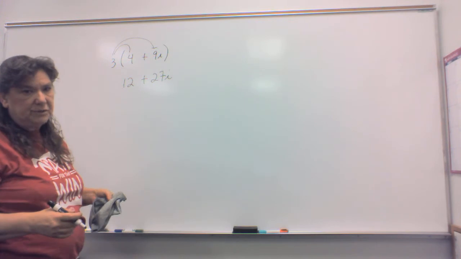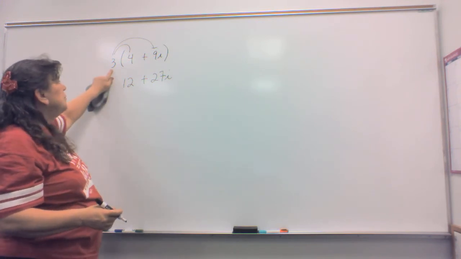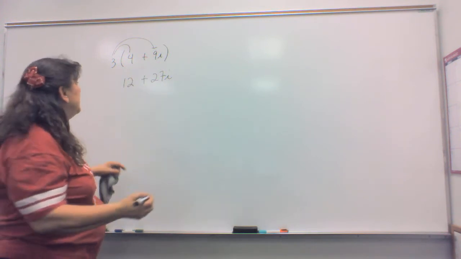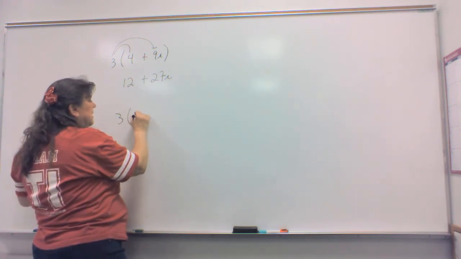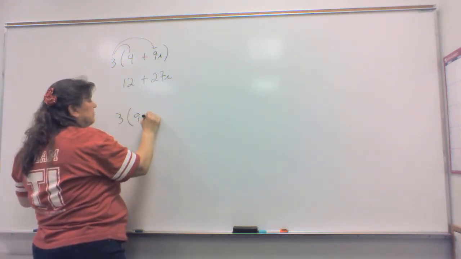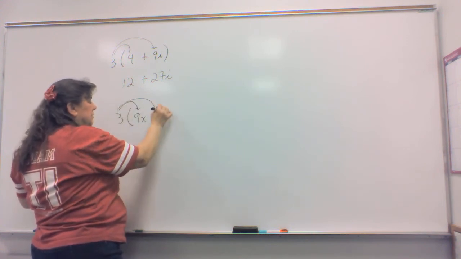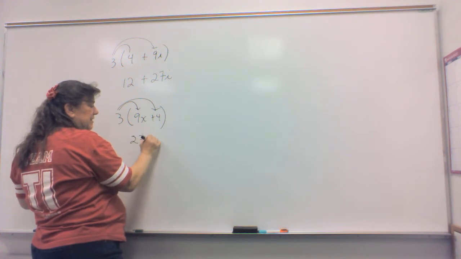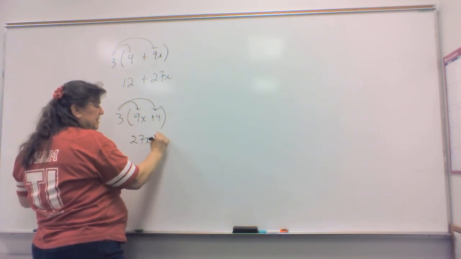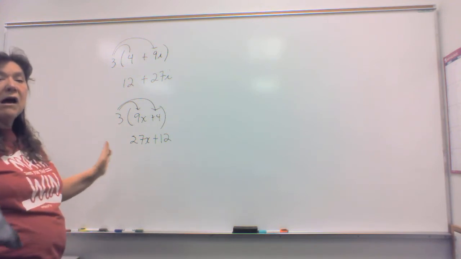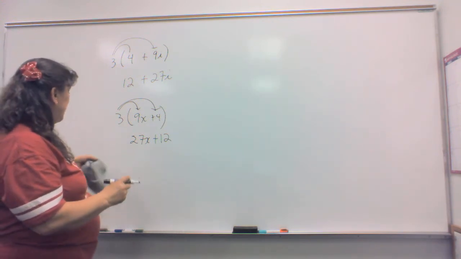And it's finished. So you're multiplying those numbers. Just like when you had 3 times 9x plus 4, it would have been the same thing. 3 times 9x is 27x. 3 times 4 is plus 12. So you can see it produces the same kinds of things that you've had before.